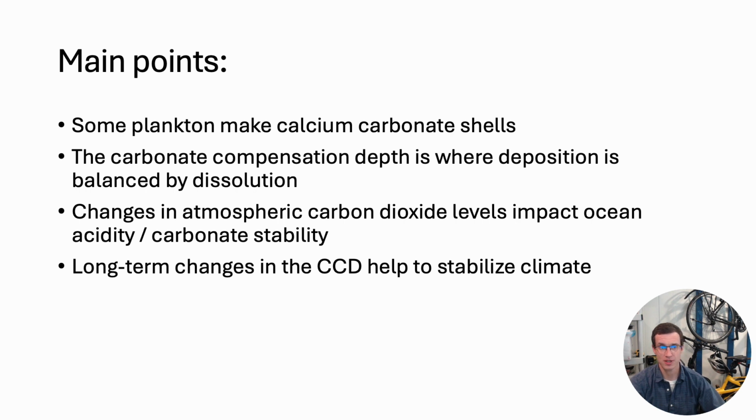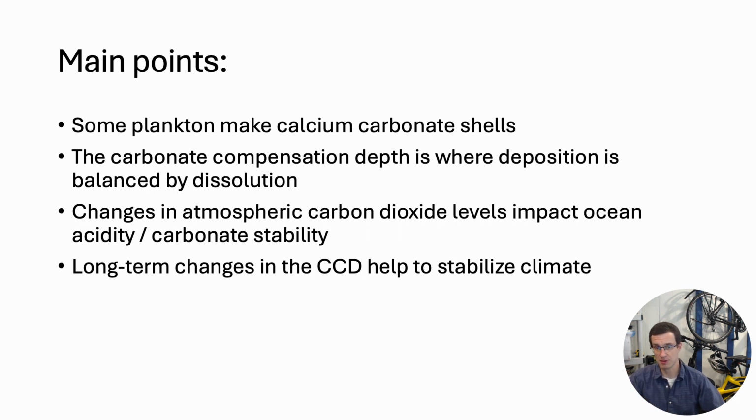So, main points of this video: some plankton make calcium carbonate shells. Carbonate compensation depth is where deposition of those shells sinking out from the surface ocean is balanced by dissolution. So carbonate's more soluble at depth, and so you have some point where deposition matches dissolution. That's the carbonate compensation depth, and below that you don't have carbonate sediments.